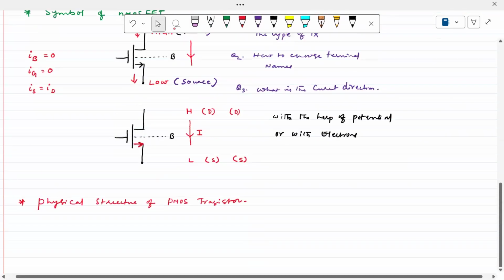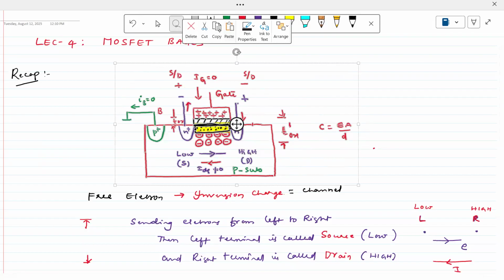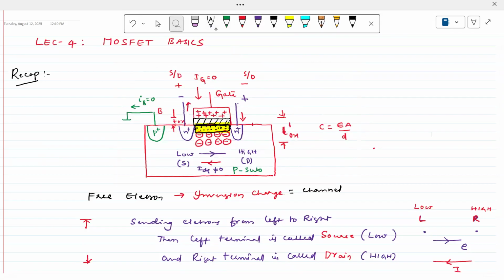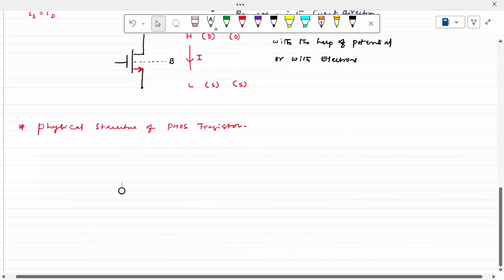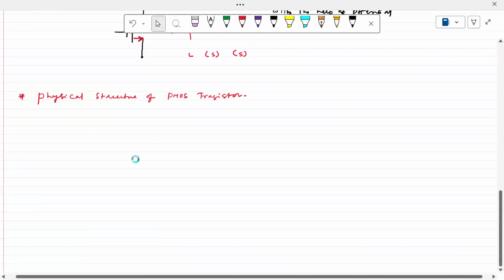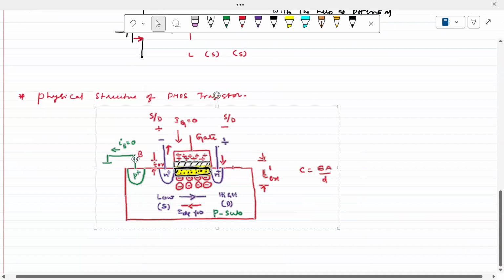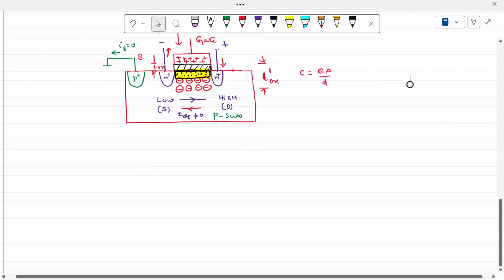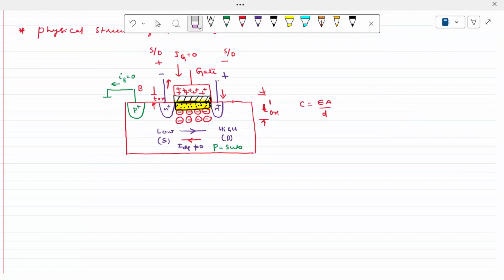Let's take the PMOS transistor again. Can you suggest what relevant things are required for this PMOS transistor? What are the things that I need to remove and change?